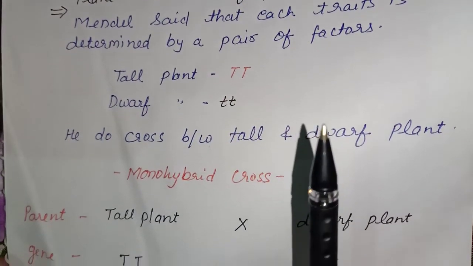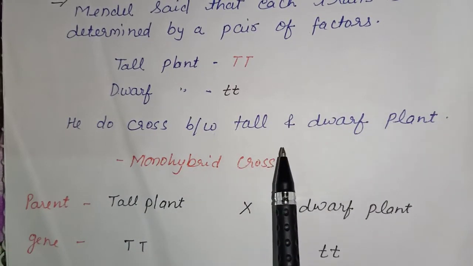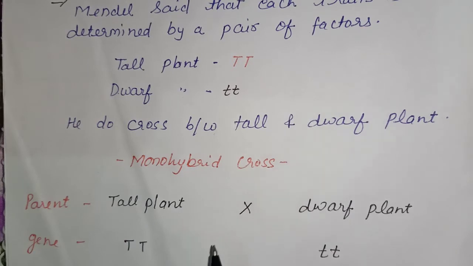In the next step, he did the cross between tall plants and dwarf plants. This cross is represented by this diagram. Monohybrid cross, parent: we take two types of parent, tall plants and dwarf pea plants. Tall plant is represented by capital T and dwarf plant by small t.